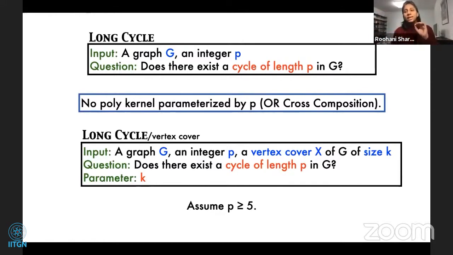But there's just a small caveat, because the way the crown decomposition lemma is designed, it does not necessarily guarantee you to output a crown decomposition, because sometimes it can output a k+1 matching of the graph.